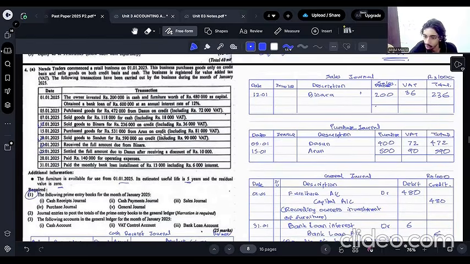Arun, it is 531, including VAT of 81. Then the purchase value will be 531 minus 81, 450. Then Sandun's one will go here, 20th of January, Sandun, 590. Okay. Then totals will be 700.